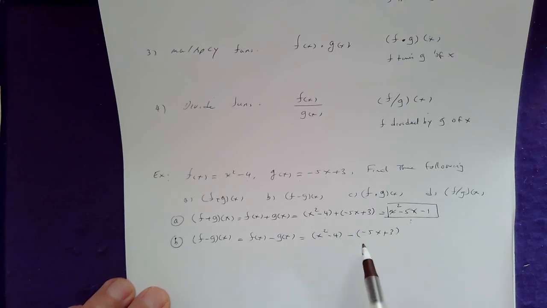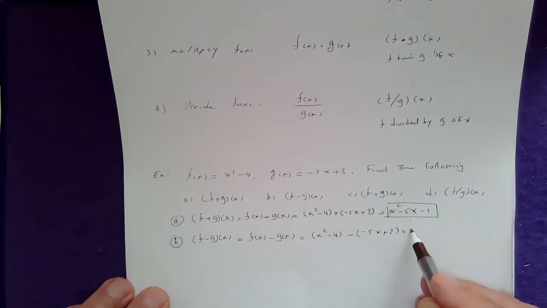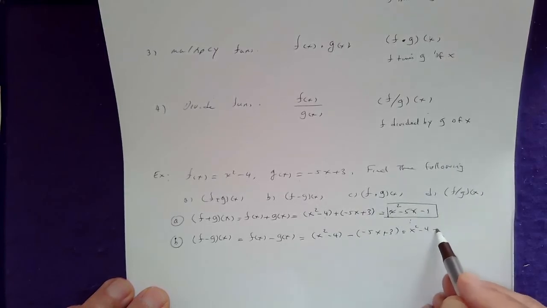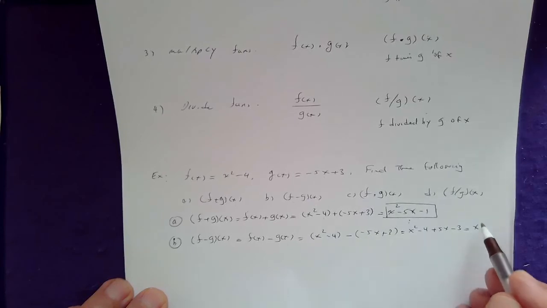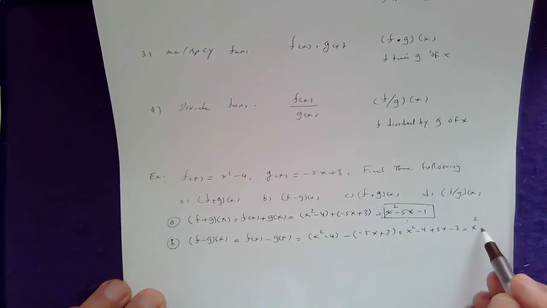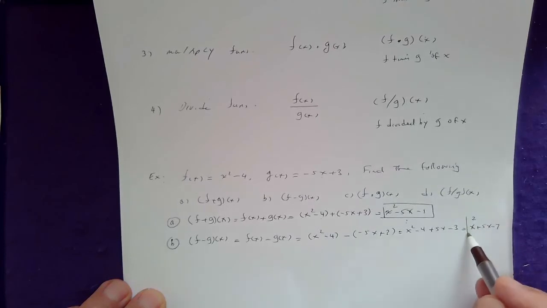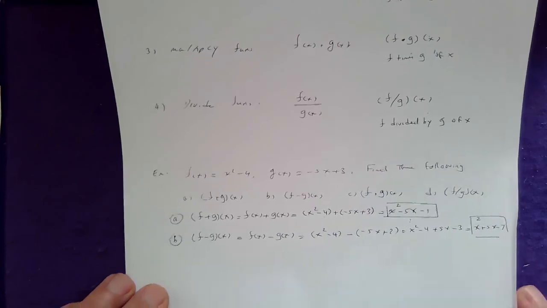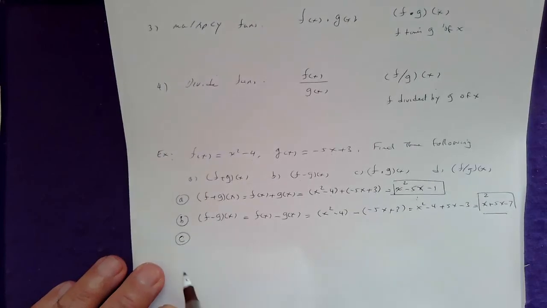The difference between addition and subtraction is now you have to distribute the minus over the second function. So this would be x squared minus 4 plus 5x minus 3. Combine the like terms, you get x squared plus 5x minus 7. And box your answer. Do not attempt to solve for x. These are not, I repeat, not equations.